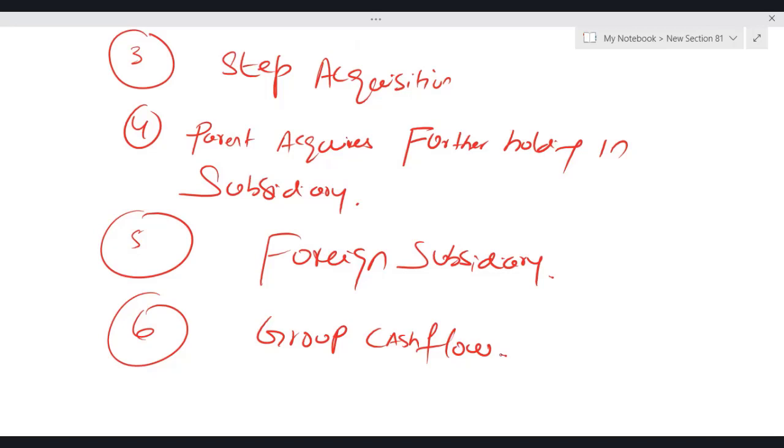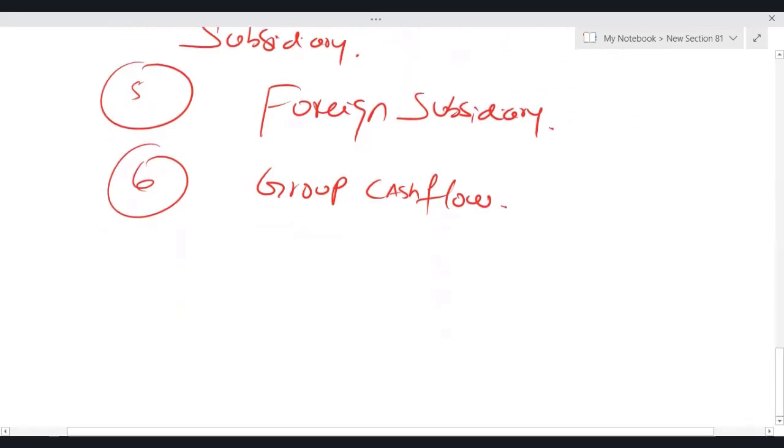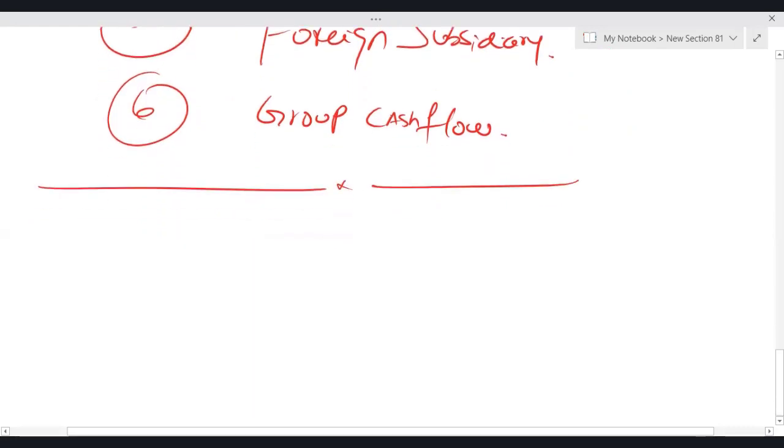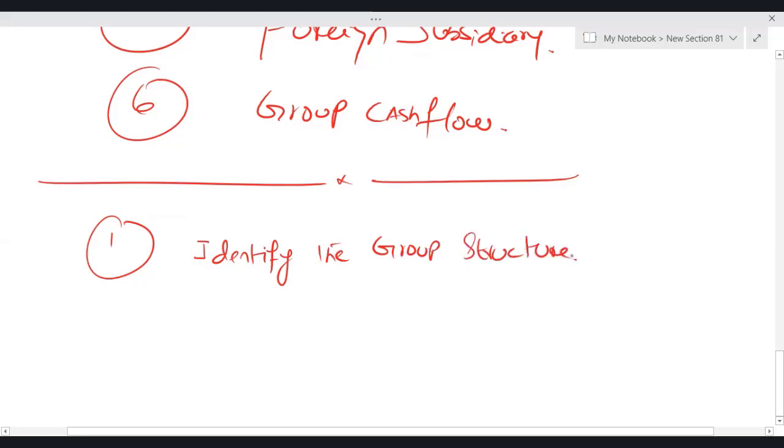Okay. When we talk about these 5 simple steps of consolidation, the first step is you should be able to identify the group structure. Now listen and listen carefully.